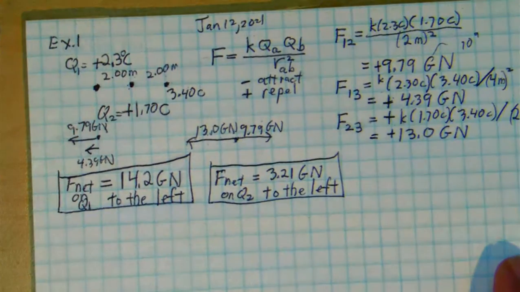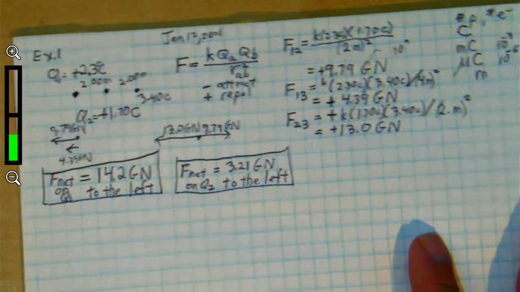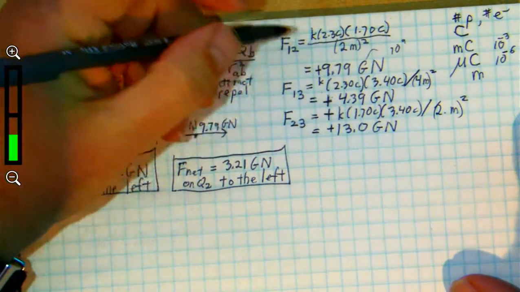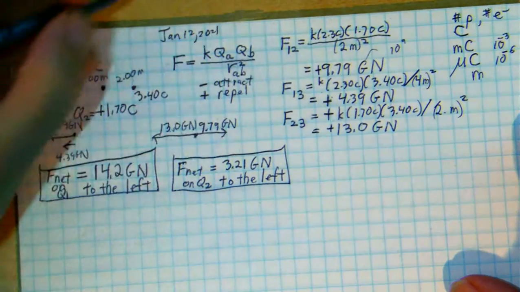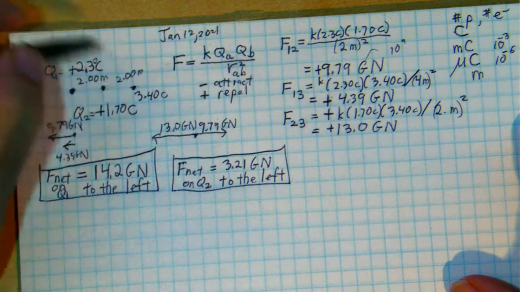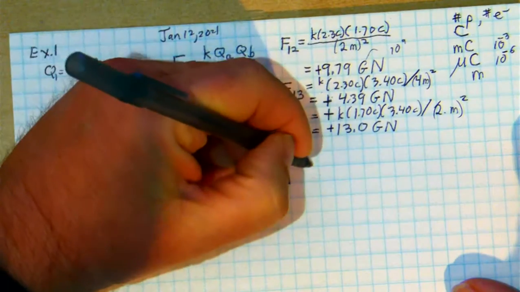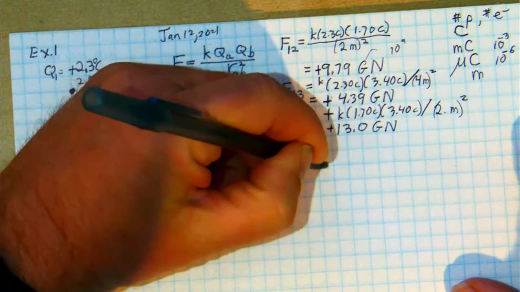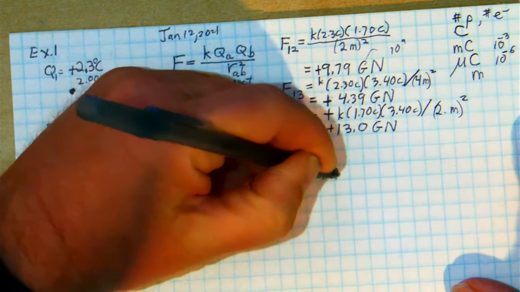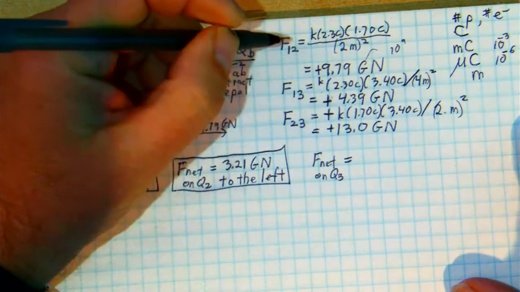Now I do exactly the same process for Q3. For Q3, I have Q1 pushing Q3 to the right. So I'm going to be calculating F net on Q3.